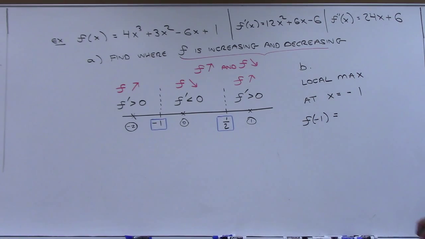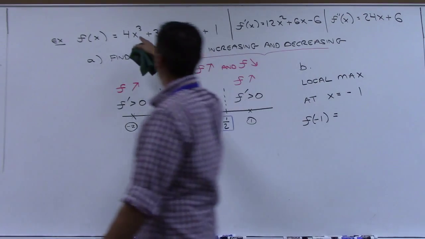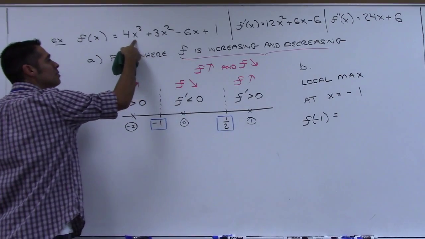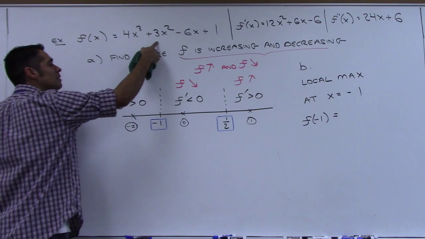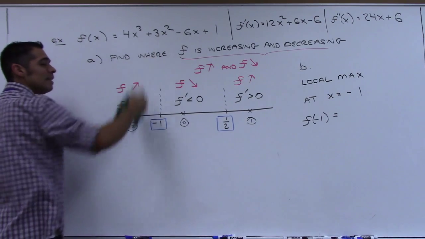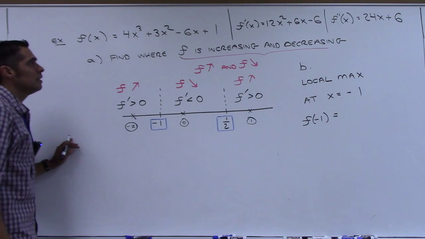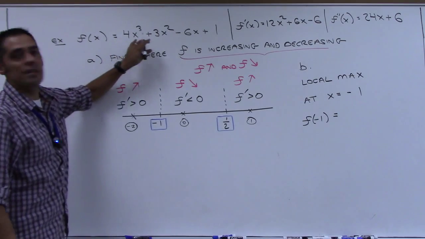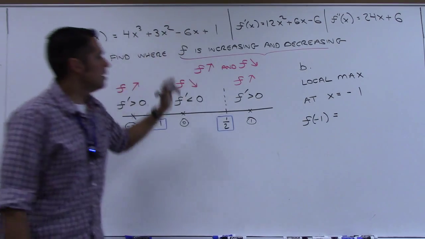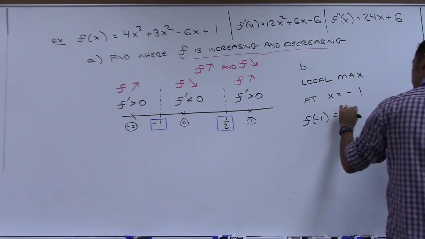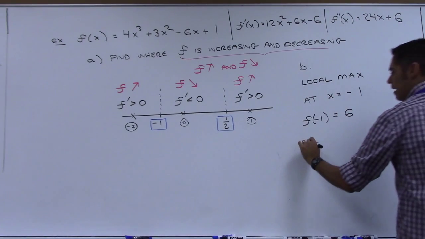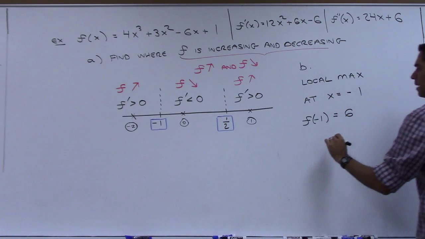So we plug -1 in. We get what? -4 plus 3 is -1. Is it 6? I think you get 6 when you plug -1 into the original function. You get 6. Y'all check. Now, where are we going to have a local min?